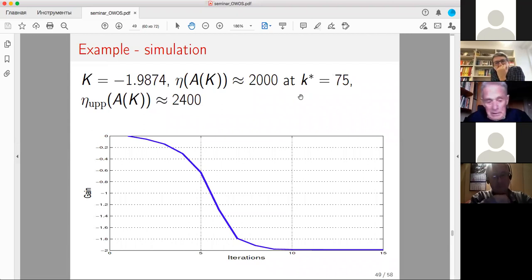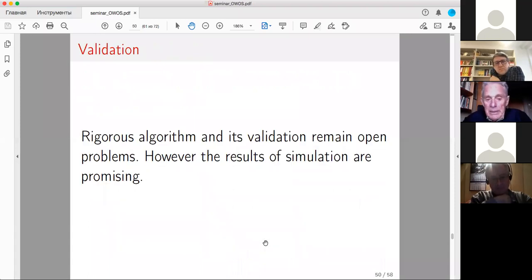And the convergence is fast enough, 8 iterations. Okay. So, as I said, rigorous validation of all these approaches remains an open problem.